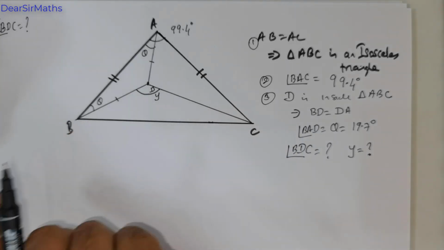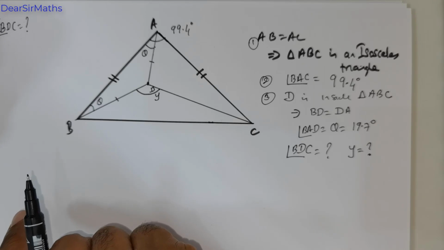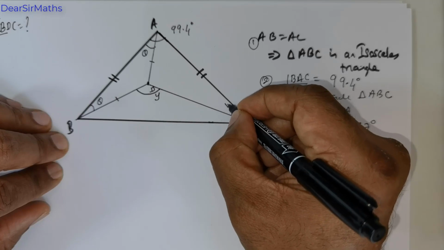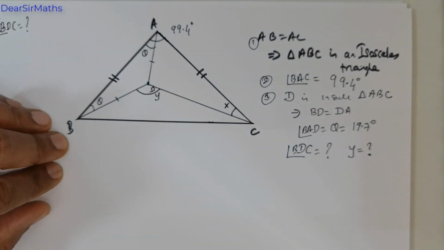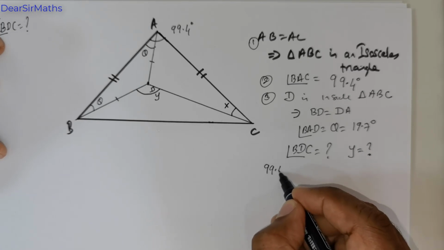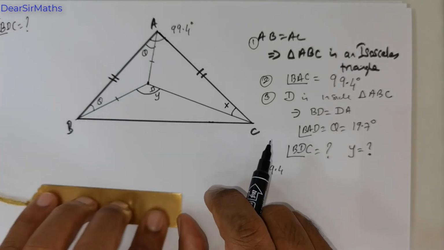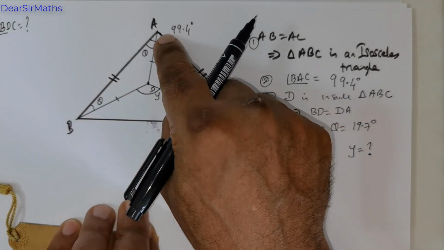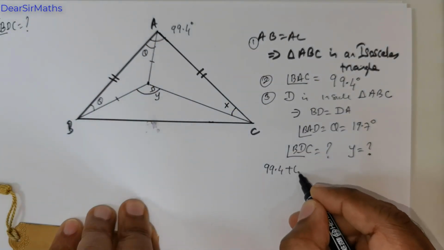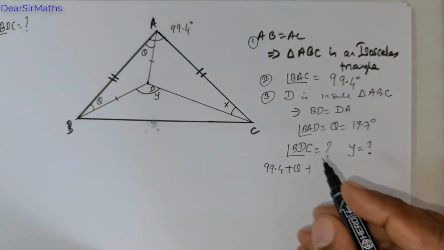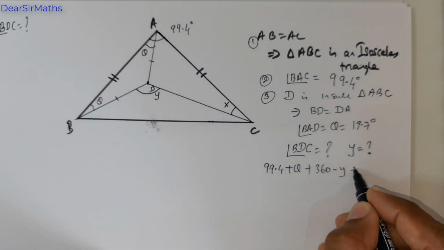And having known that angle, if you take this angle to be some x, is it possible for me to say that 99.4, so I'm only going to be considering this huge angle plus this theta plus this entire angle, which is 360 minus y plus x.